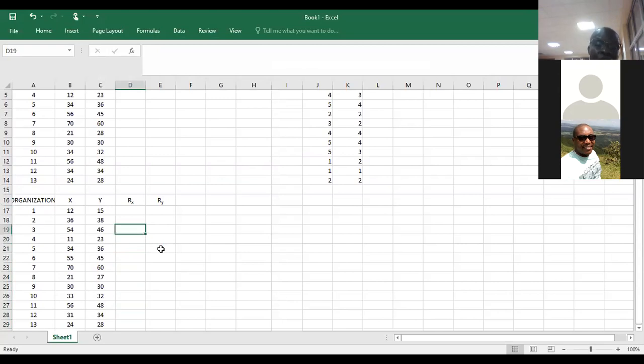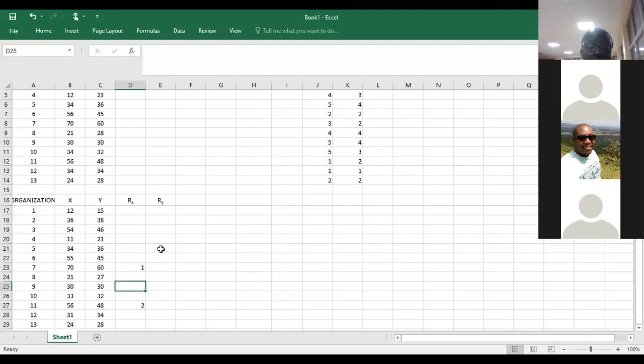What's the highest value? 70. Number 1. The next highest value? 56. Number 2. The other one? 55. Number 3.